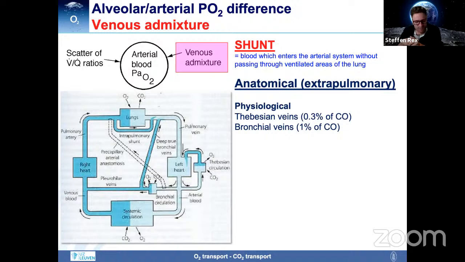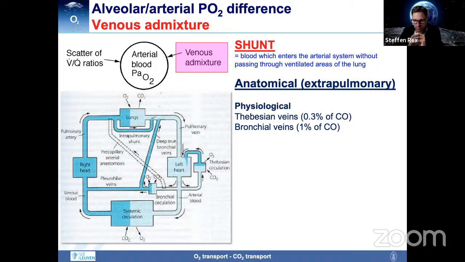These Thebesian veins think that I'm so close to the lumen of the left ventricle, or are too lazy to get to the coronary sinus, so I just perforate the left ventricle and drain my blood directly into the left ventricle. And then we have the bronchial veins.